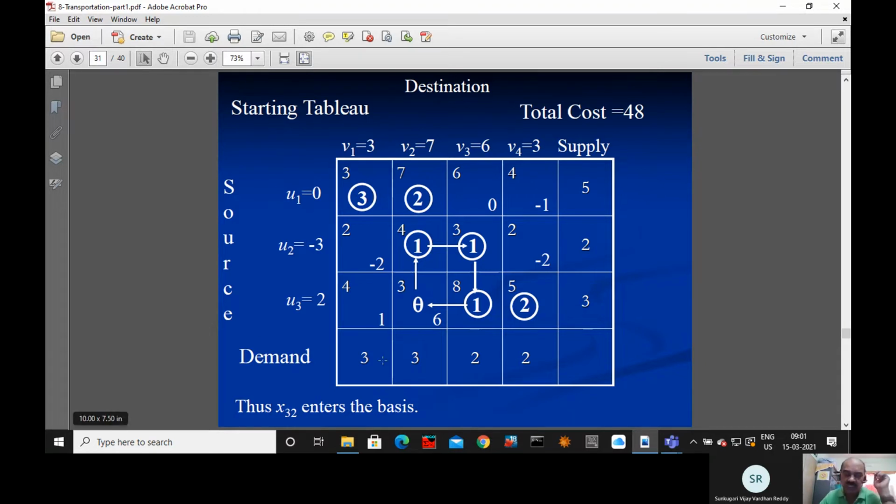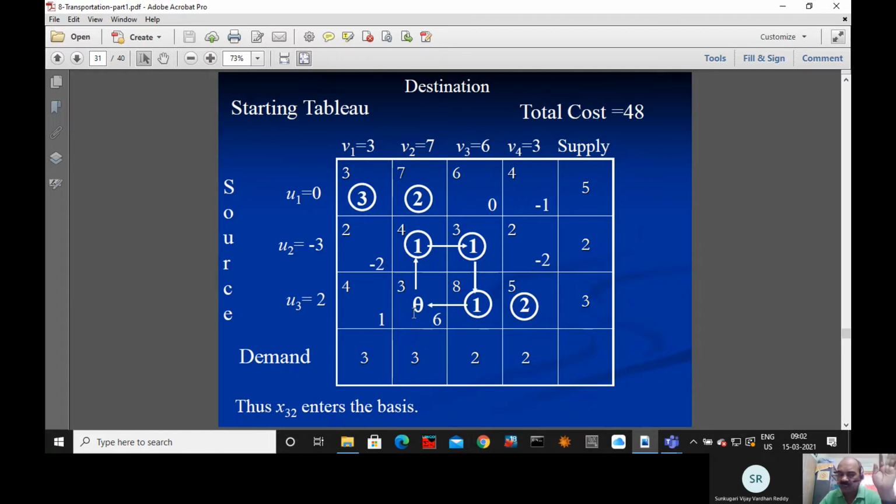Now this theta we are naming plus theta, then next one minus theta, then plus theta, then minus theta. Minus means we must reduce, plus means we must increase.